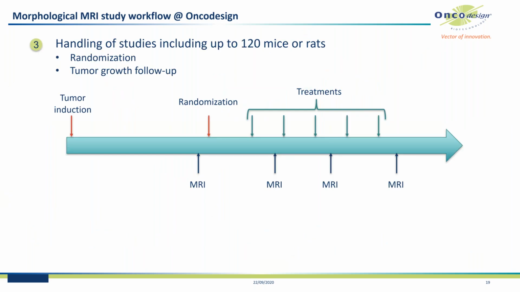So with this workflow, we can handle studies including up to 120 mice or rats, and use MRI for randomization and follow-up of treatment efficacy.